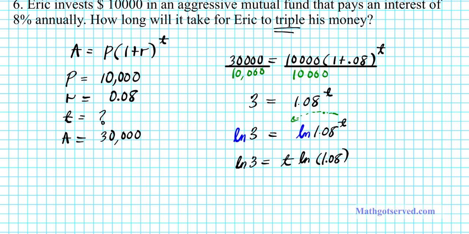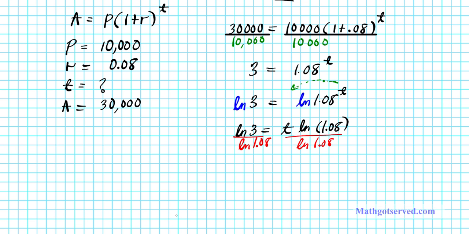To get t isolated, we simply divide both sides by the natural logarithm of 1.08, and that will be our final result. We have t equals the natural logarithm of 3 divided by the natural logarithm of 1.08.